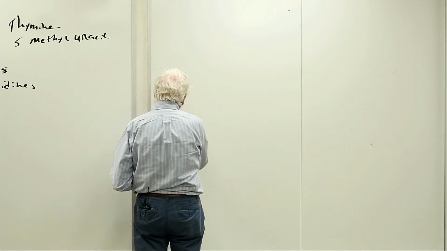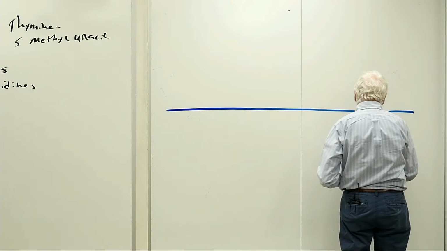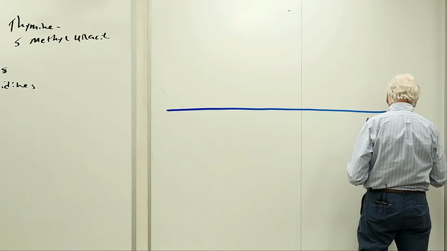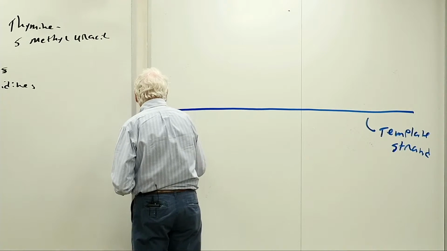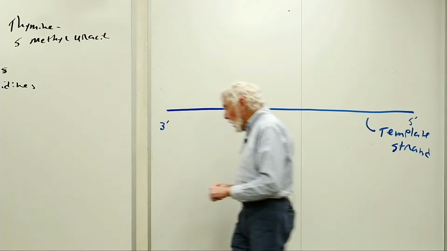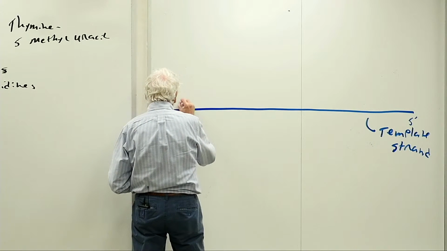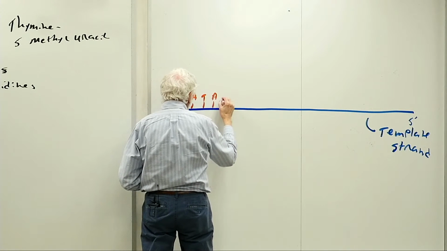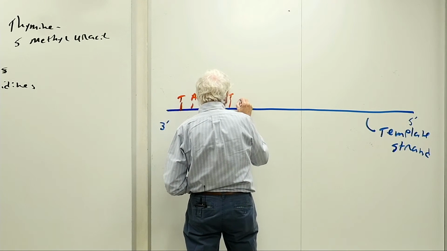So this is the template strand of the DNA. This is the 3' end, and this is the 5' end. I'm going to put in the TATA box, and then a whole series of bases down from here.